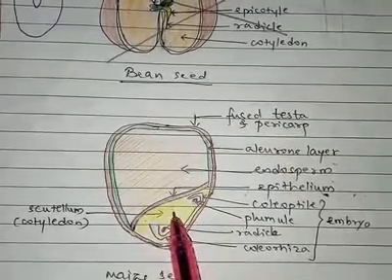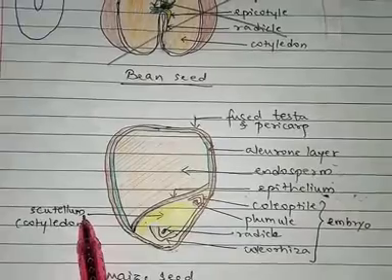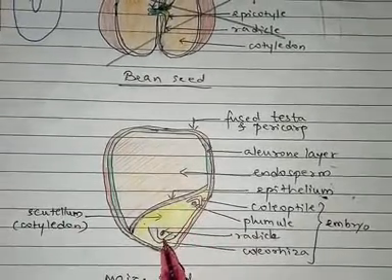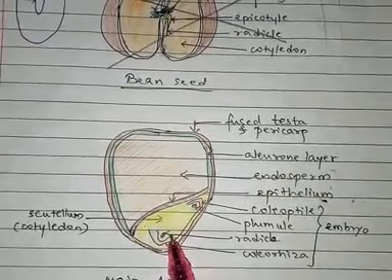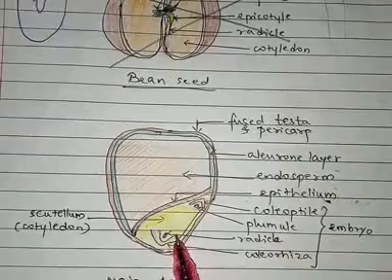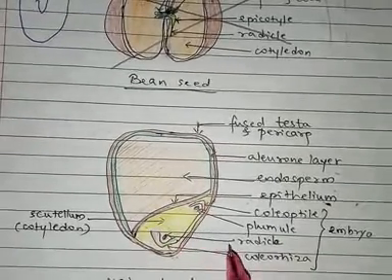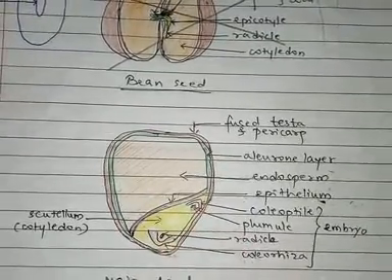And here the cotyledon is called scutellum, right? Fine. Now, in the embryo, what all things are present? You already know from the study of the bean seed that the embryo consists of the radicle and the plumule. So here also we are having the radicle and the plumule present.